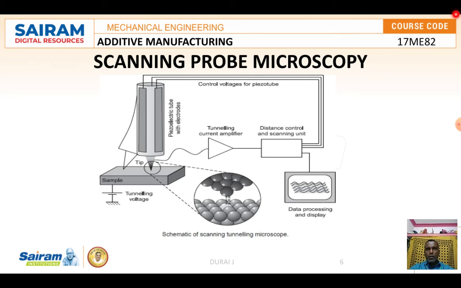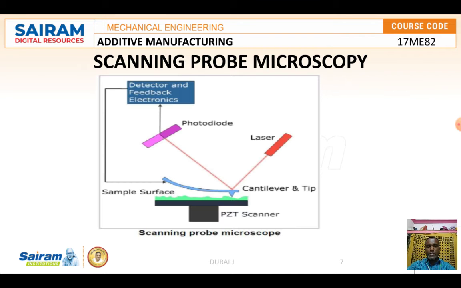This tip can be sharp, even a single atom. It can be moved precisely and accurately back and forth across the surface, even atom by atom. When the tip is near the sample surface, the cantilever is deflected by force.